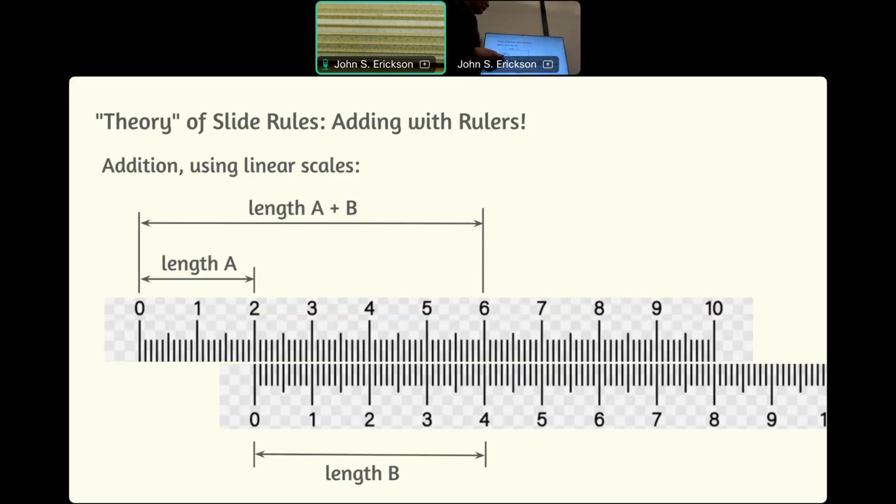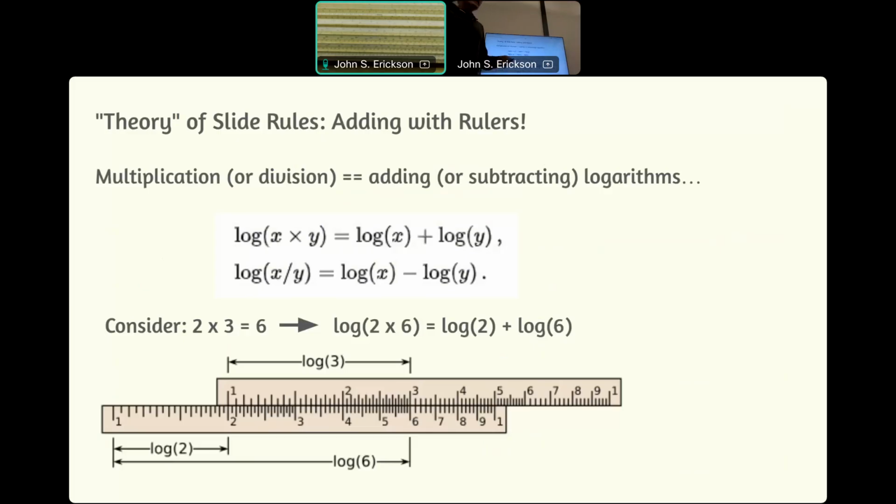But using the identity of logarithms, taking the log of a multiplication is the same as adding the logarithms together. And similarly, dividing two numbers is the same as subtracting their logs.